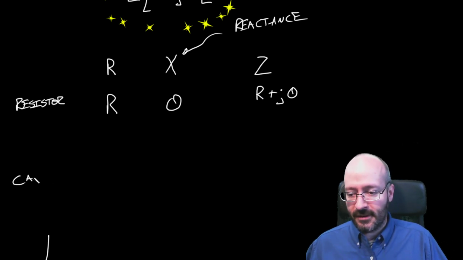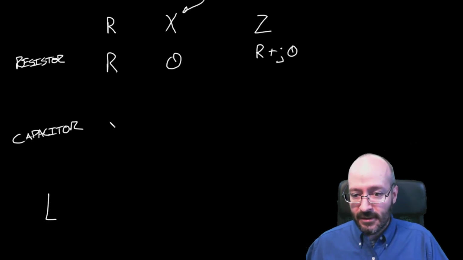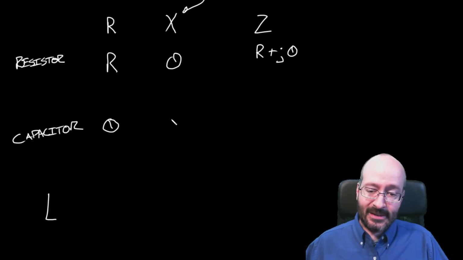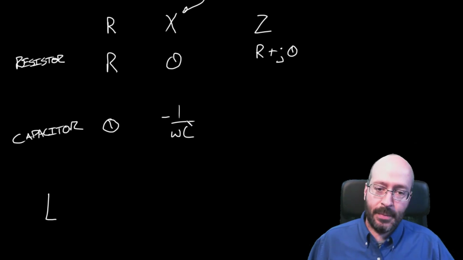For the capacitor, there was no resistance. For an ideal capacitor, there is no real component. For the reactance, we have negative 1 over omega C. It's the magnitude of the imaginary component.